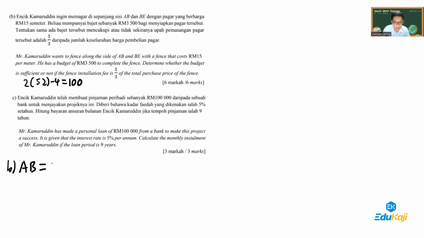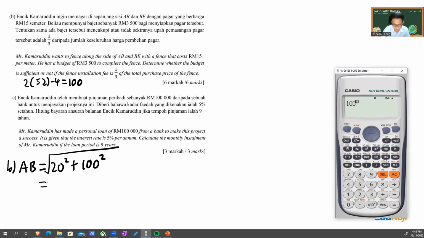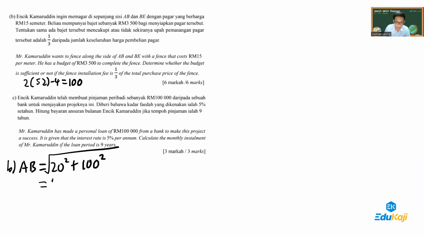So means 20 square plus 100 square root. Hundred square plus 20 square root. 101.98. So I can just take 102 lah.